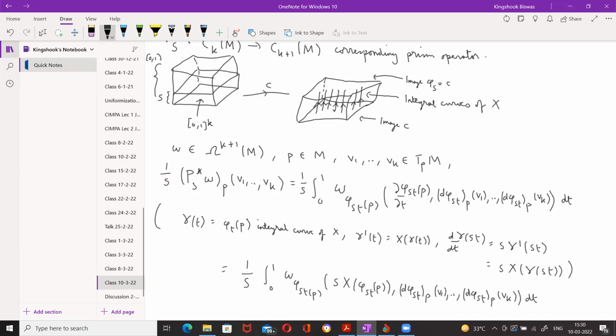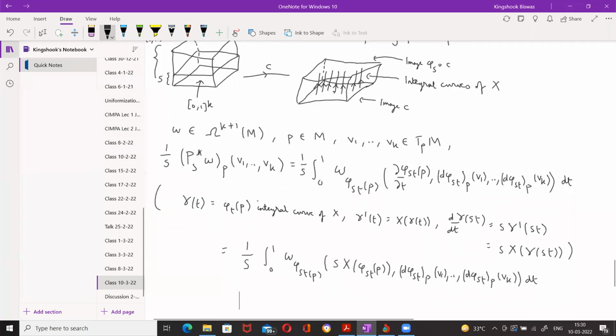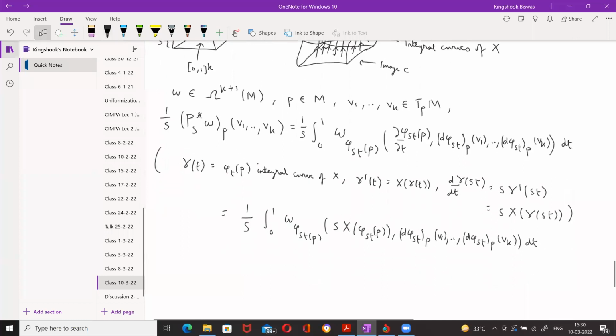So this becomes now the integral 0 to 1 of omega at phi st p, X at phi st p, d phi st at p v1 up to d phi st at p vk, dt.